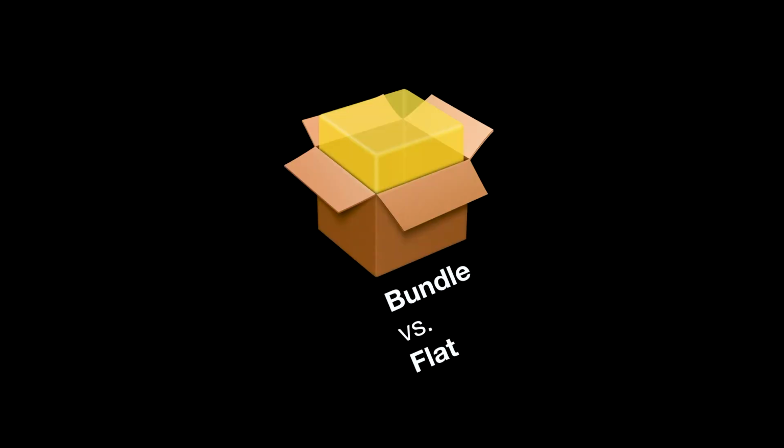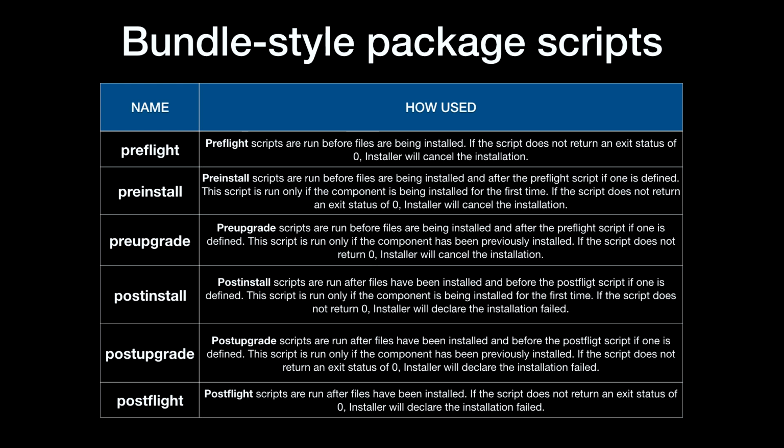From there, your scripting options are going to depend on whether you're using a bundle-style package or a flat package. Bundle-style installer packages are created as a Mac OS X bundle that contains scripts and a description of the package requirements and behavior. As part of creating a bundle-style package, you can define scripts that can be executed before or after the installation.